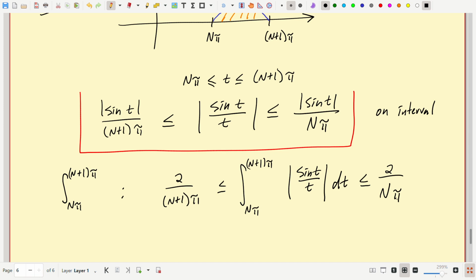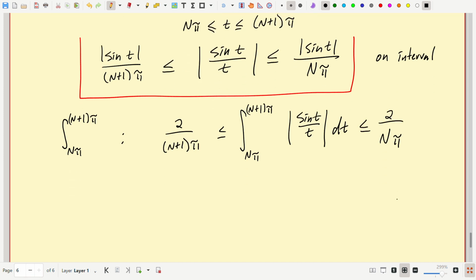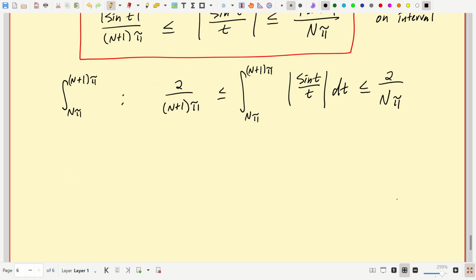Okay, so I can compare the sum of those integrals to the harmonic sequence. This one shows that the integral from 0 to infinity goes to infinity, because those are all bigger than that, and the harmonic sequence diverges.